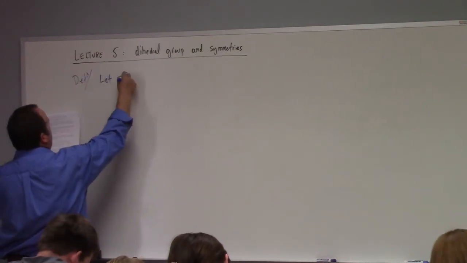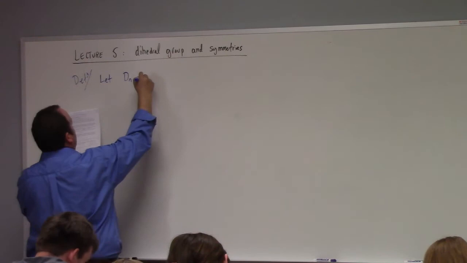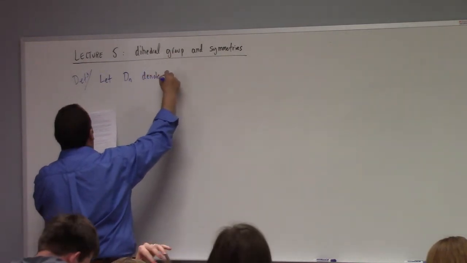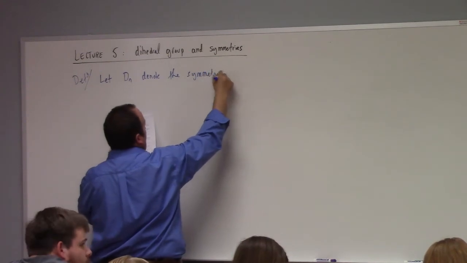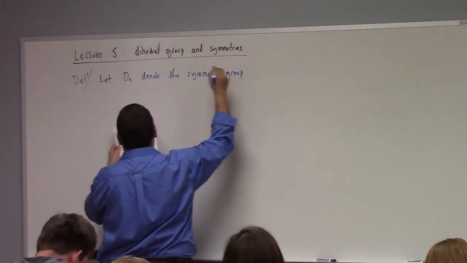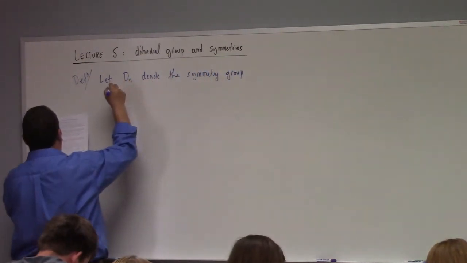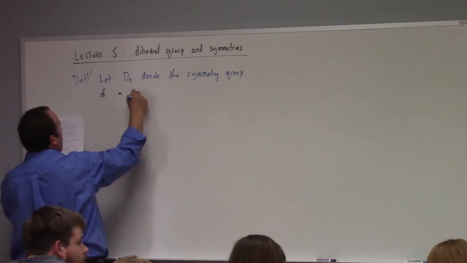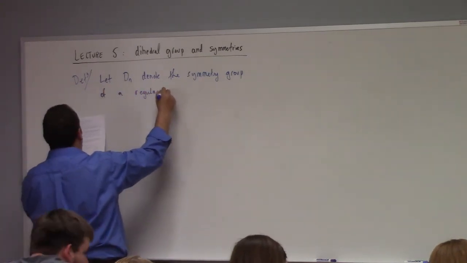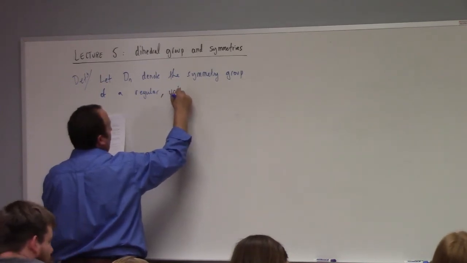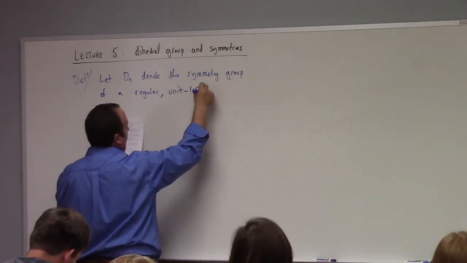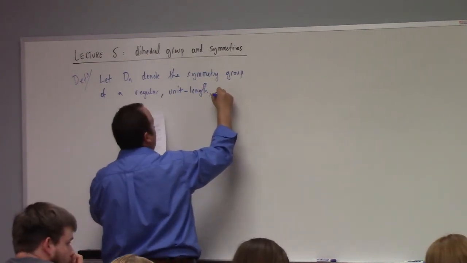Definition. Let Dn denote the symmetry group of a regular n-sided regular unit length n polygon.